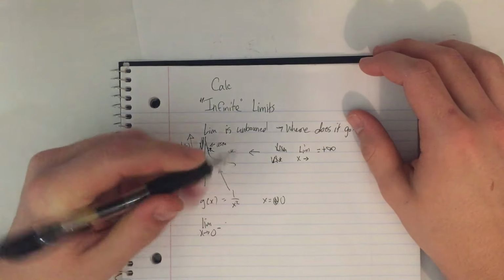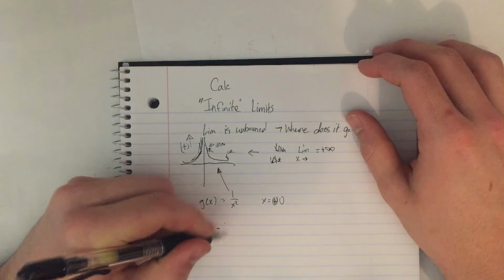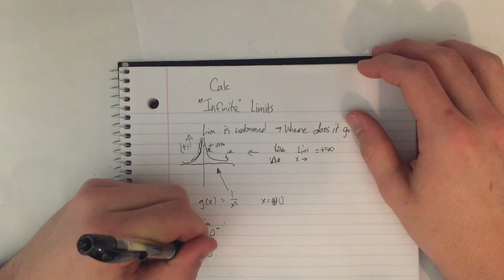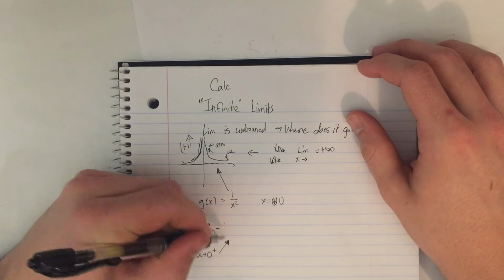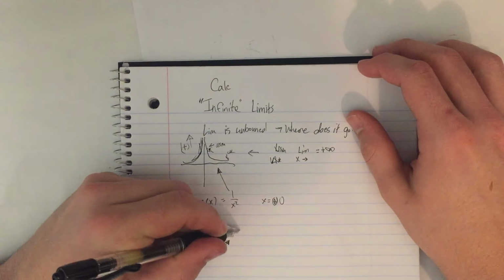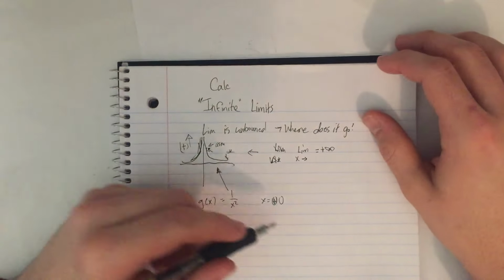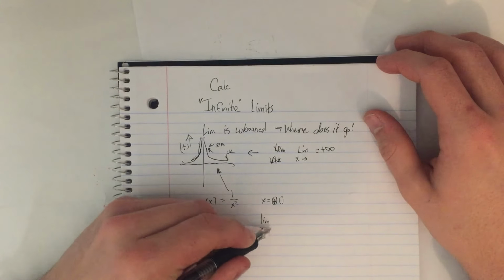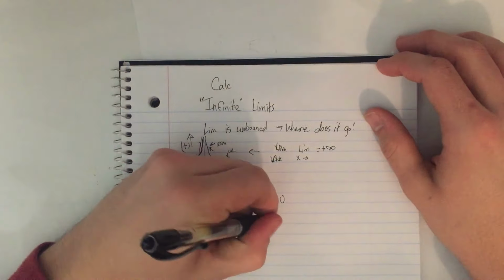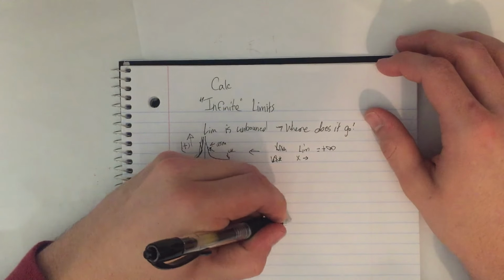Basically you're going to find the limit from the left, and the limit as x approaches 0 from the right. If they both equal the same thing, infinity, then you can say the limit as x approaches 0 equals infinity.